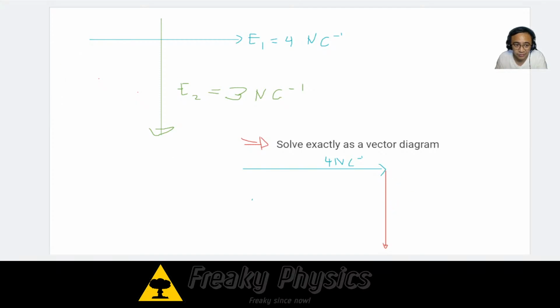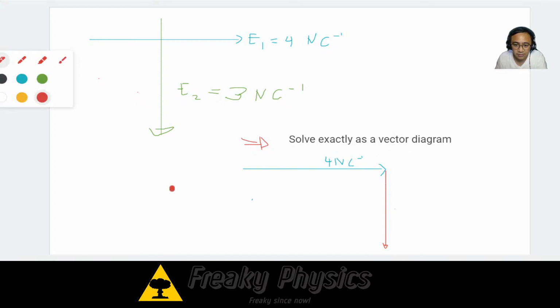This is gonna be your 3. Let's just change that to green. That's your 3 newtons per coulomb. And then your resultant electric field is this. That's a new electric field.